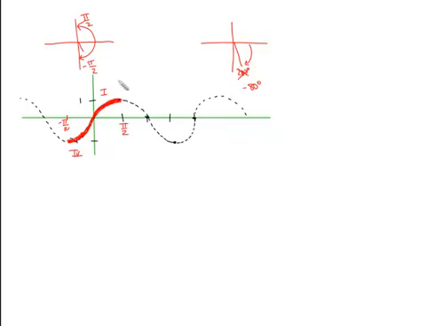So what this means is that inverse sine of x is always going to be between negative 90 degrees or negative pi over 2 and 90 degrees, positive pi over 2.